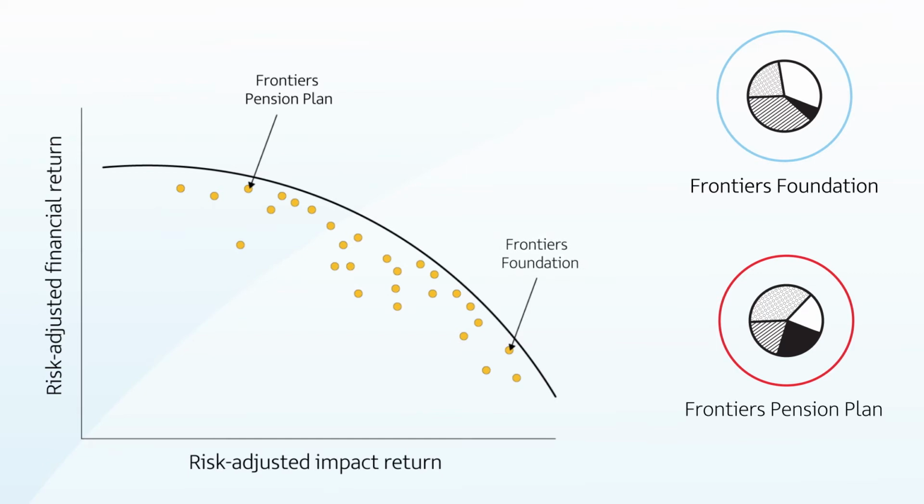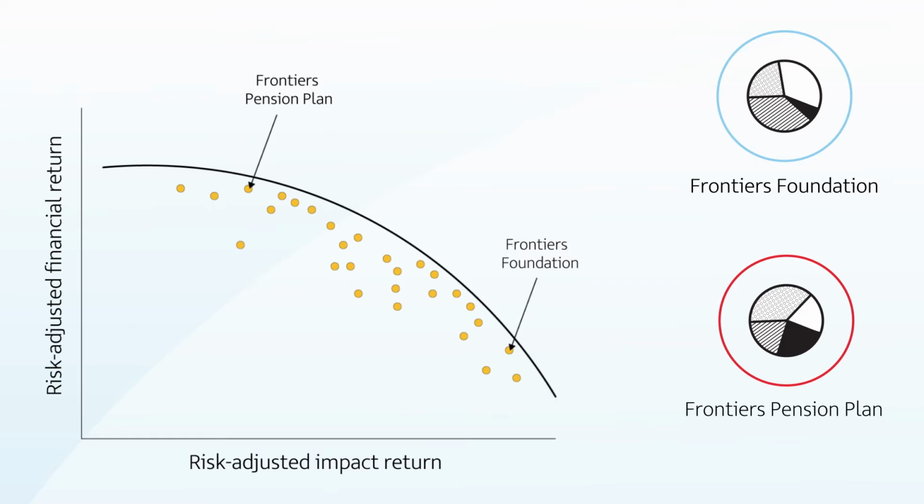And Frontiers Foundation, as a philanthropic body with greater flexibility around financial returns, constructed a portfolio that falls more on the impact side, but still has more financial return than it could have had. Neither is a bad investor, just two investors who constructed different portfolios to express their different goals.